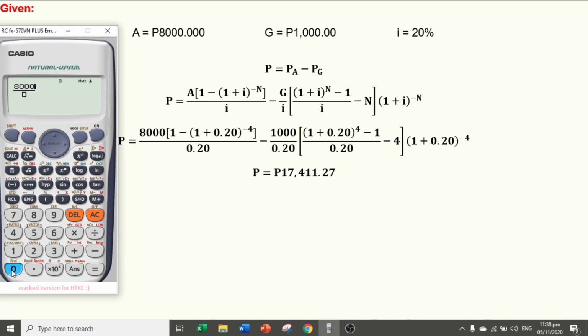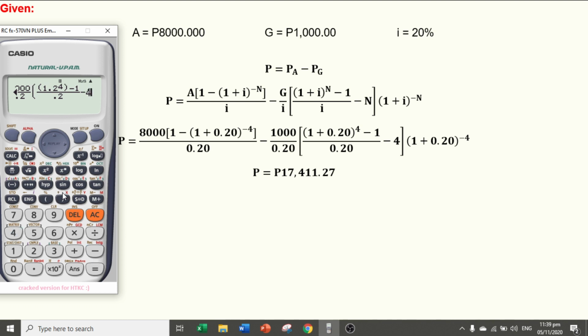So, check natin kung tama. We have 8,000 times 1 minus 1.20 raised to negative 4 over 0.20 minus 1,000 over 0.20 times 1 plus 0.20 raised to 4 minus 1 over 0.20 minus 4.